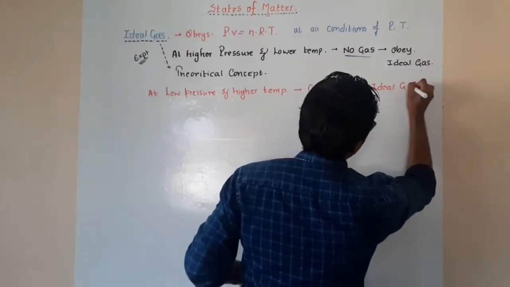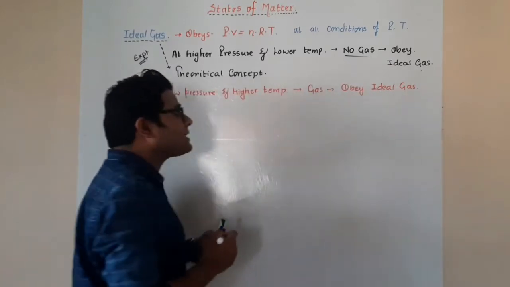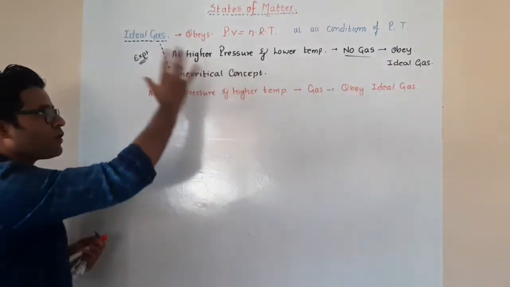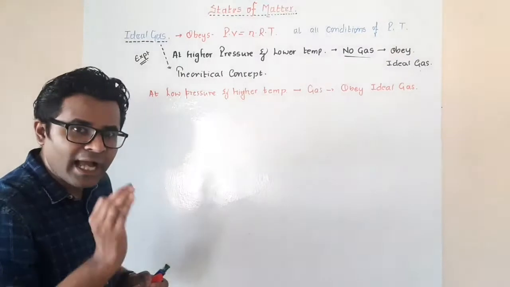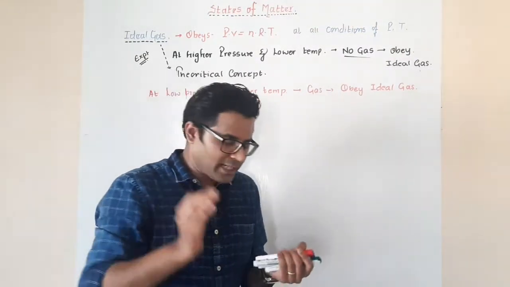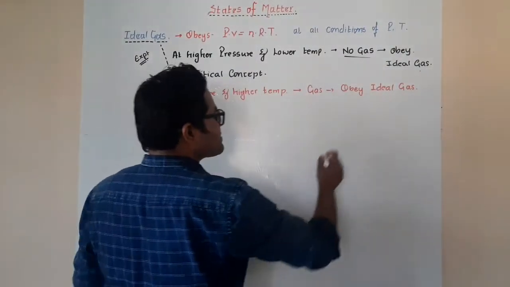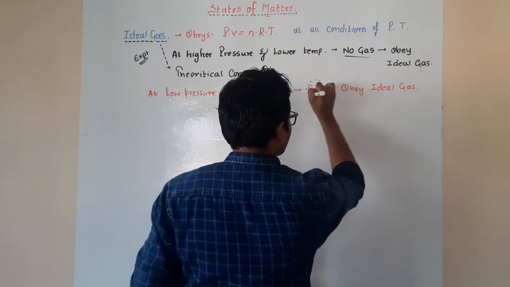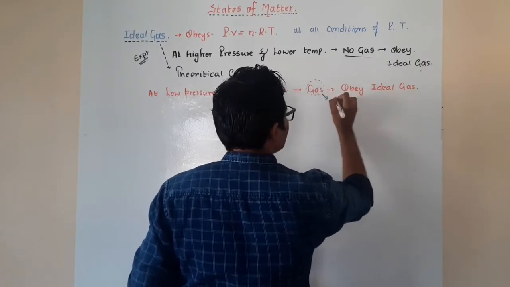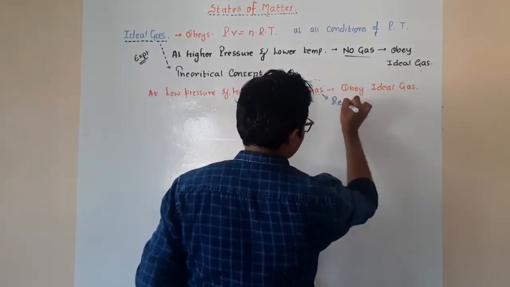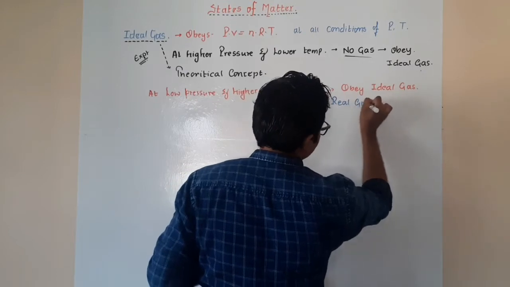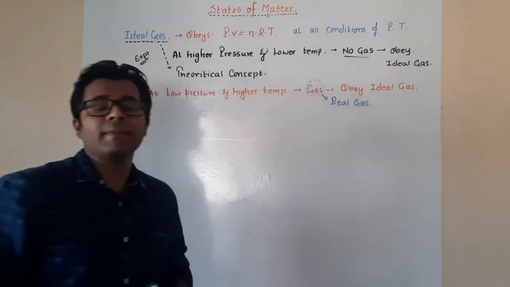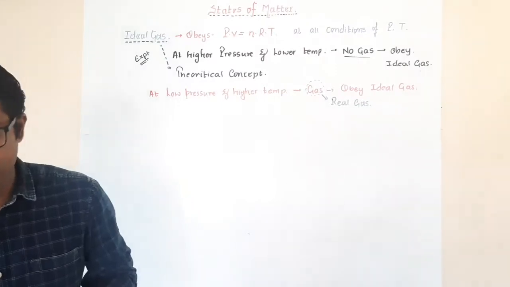Any gas that obeys the ideal gas equation at lower pressure and higher temperature, we call a real gas. The gases which exist, we call the real gases.